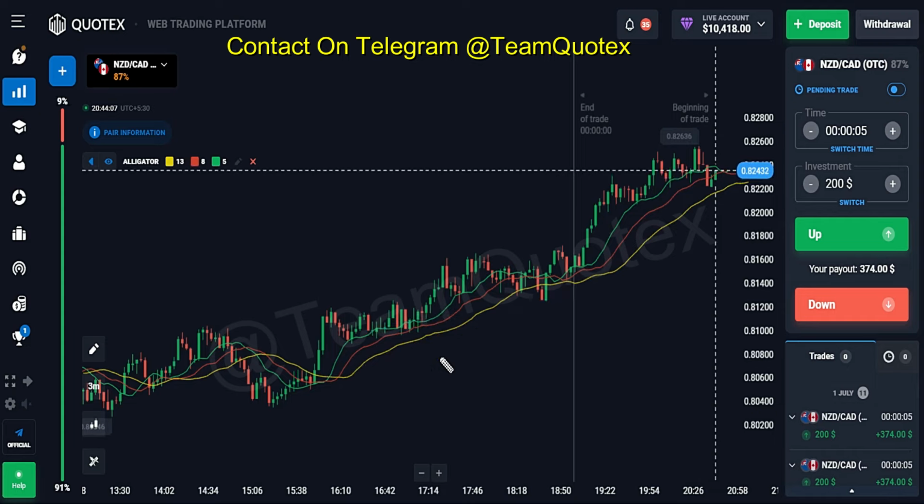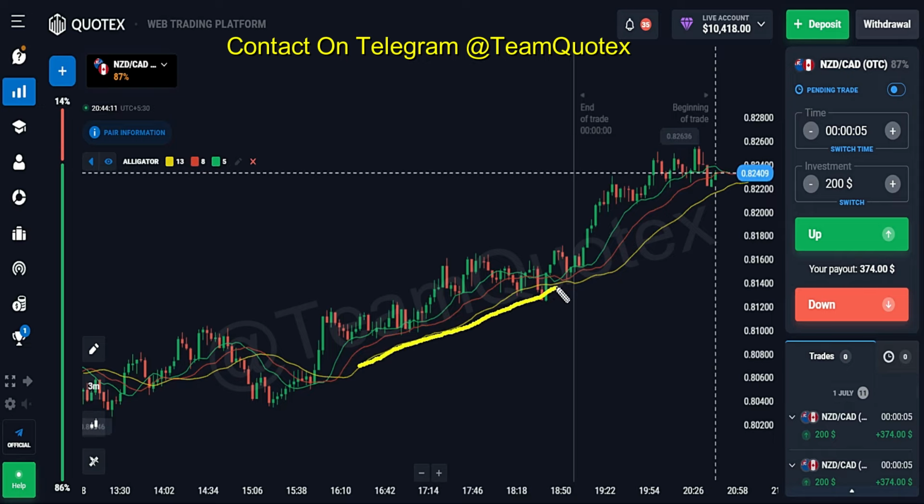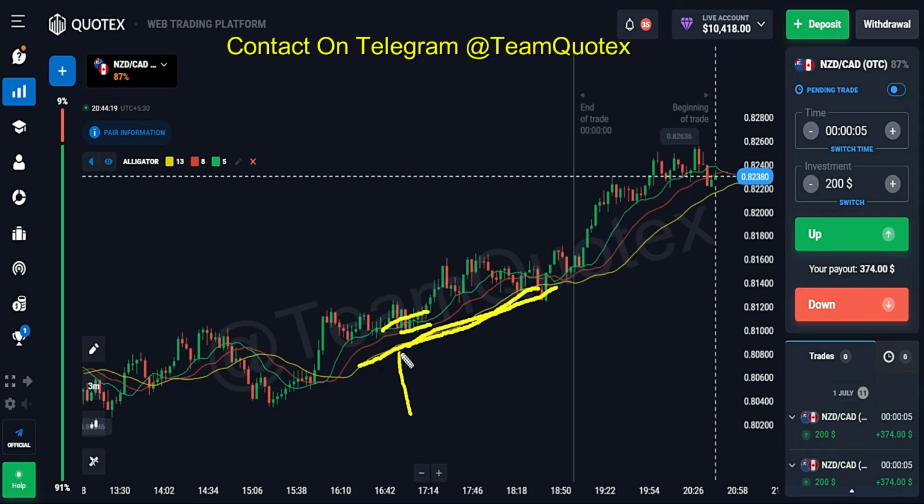So if both green and red lines are above your yellow line, that means you are getting a trend in the upward direction.